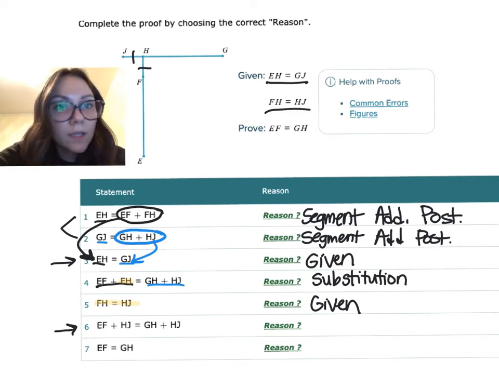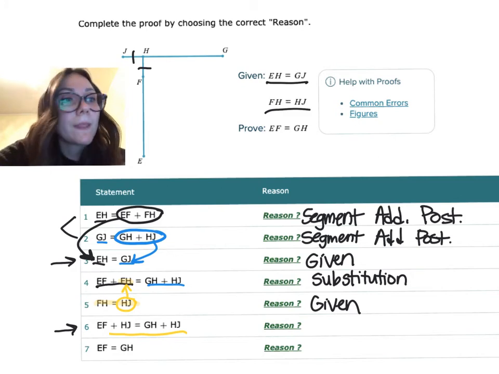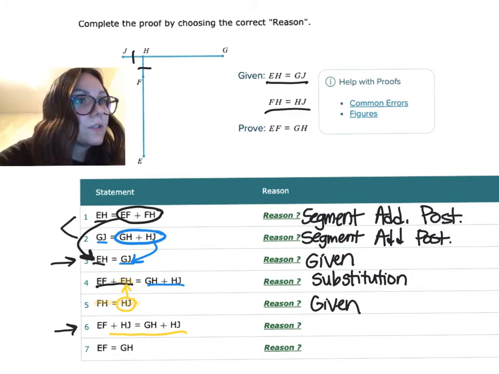So they plugged in this here and got this statement. You'll notice statement 6 is identical to statement 4 aside from it's no longer FH, it's HJ. So that once again is substitution.